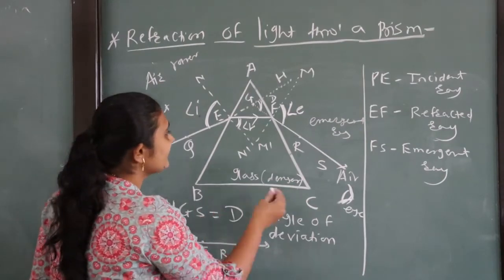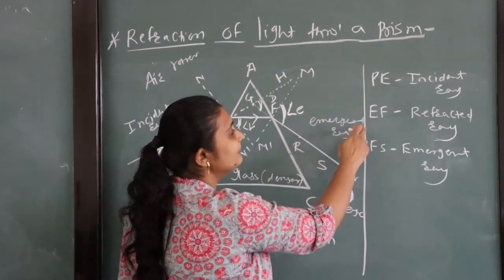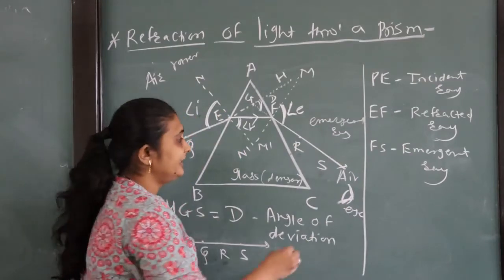Here PE is the incident ray, EF is the refracted ray, FS is the emergent ray.